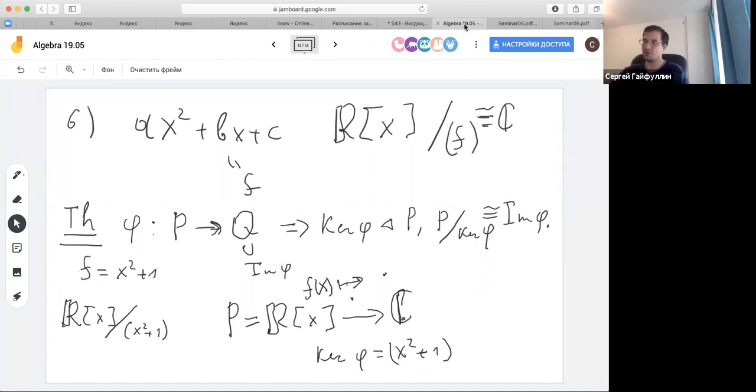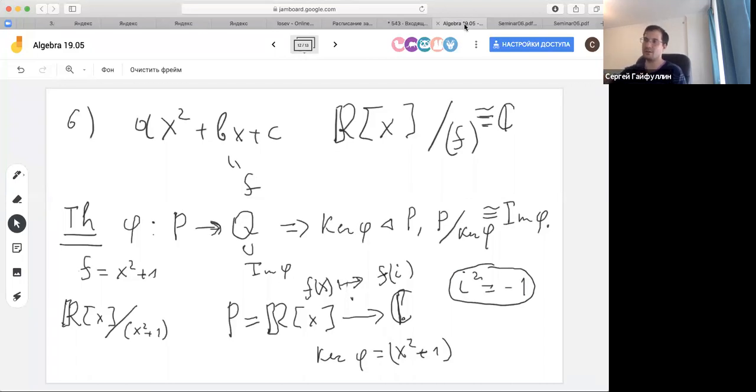Okay, I will say that it is f from i, where i is the complex imaginary unit, so that i squared equals -1. Let us understand all about this homomorphism.